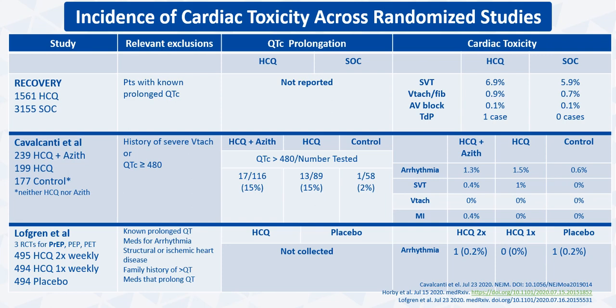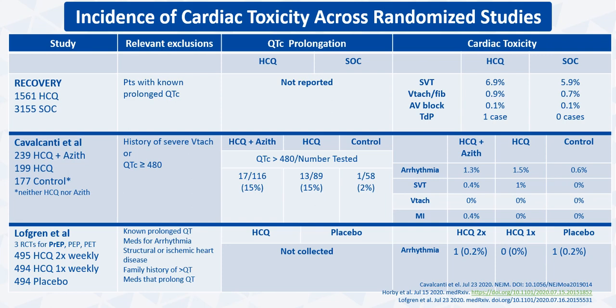So EKGs were not done as part of the study, although patients who were hospitalized with an arrhythmia were recorded. There were again relevant exclusions, including known history of structural or ischemic heart disease, being on meds for arrhythmia, or known prolonged QT.